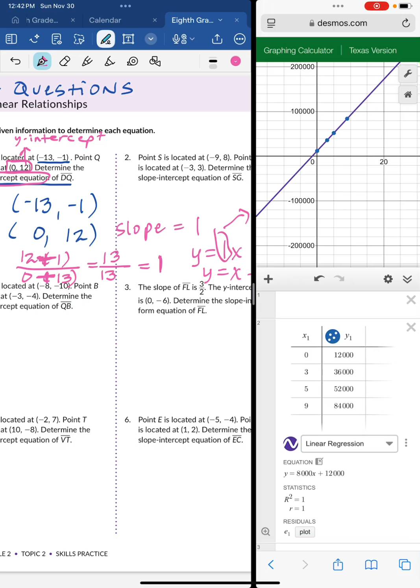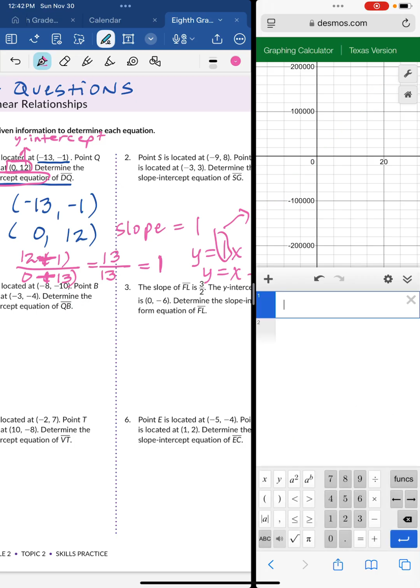Okay, so I'm going to get rid of that. And I'm going to put my parentheses and say 12 minus a -1. And you can do it just like that, and it gives you 13.